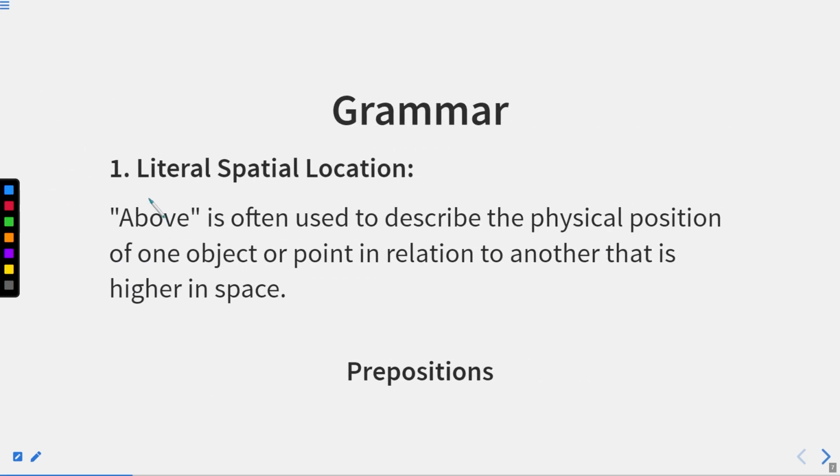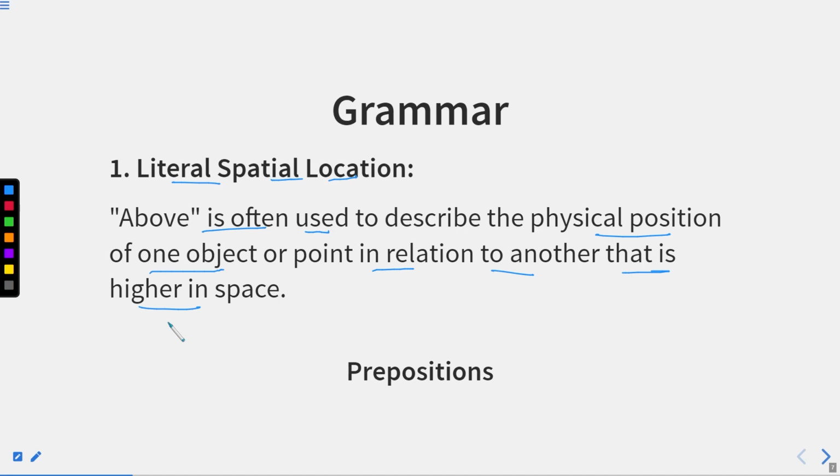For example, first we have to show literal spatial location. Above is often used to describe the physical position of one object or point in relation to another that is higher in space. Suppose something is higher in space and we have to show something more higher.